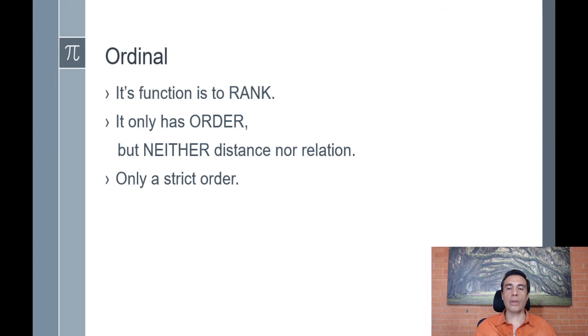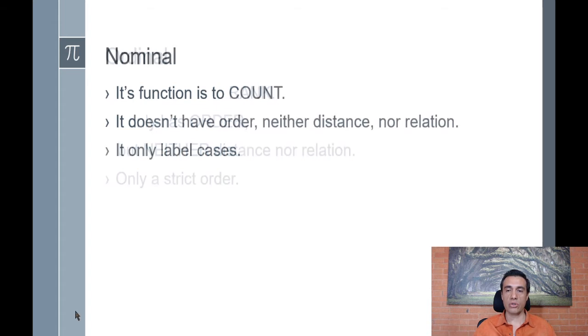And now we have the nominal one. What about the nominal? In the nominal, the only thing that you can do is count them. It doesn't have order, neither distance nor relation. Its main function is to label the cases.